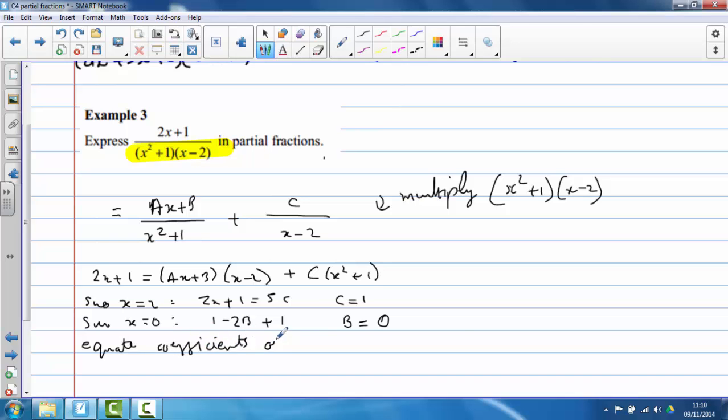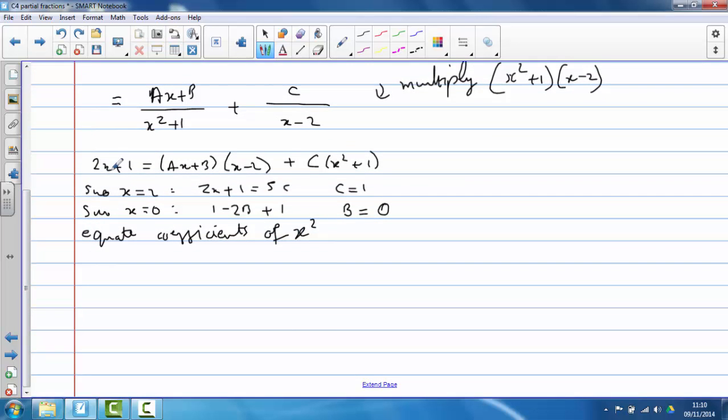So we'll equate the coefficients of x squared, and on the left hand side we don't have anything, and on the right hand side we have ax. So maybe I'll highlight this. We've got ax times x gives me x squared, and we also have the cx plus 1. So if I take out the coefficients from those values, we have a plus 1. Therefore a has to be minus 1.